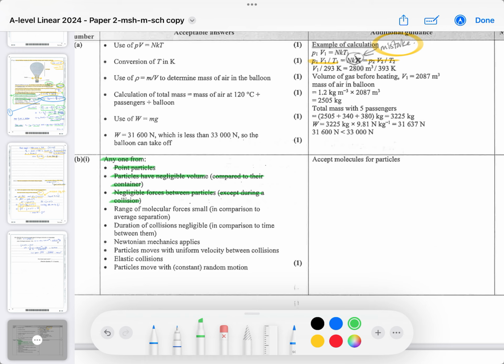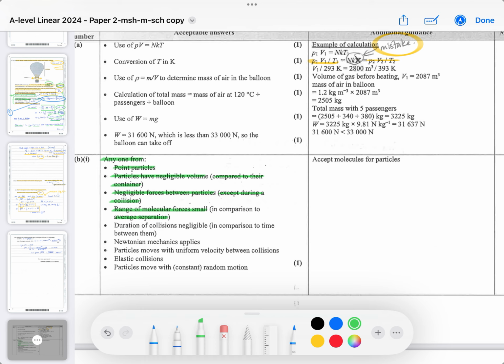In other words, under high pressure, real gases do not behave as ideally as under low pressure, because obviously under high pressure, the forces will become significant because there are attractive forces between particles, molecules, and the range of molecular forces is small compared to their separation.